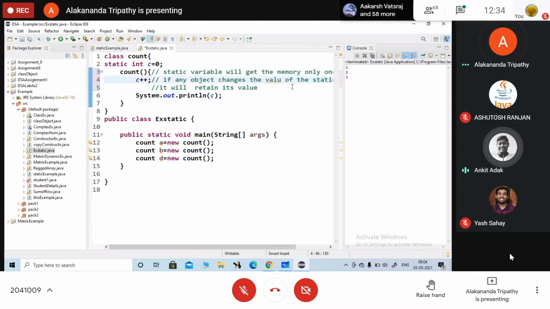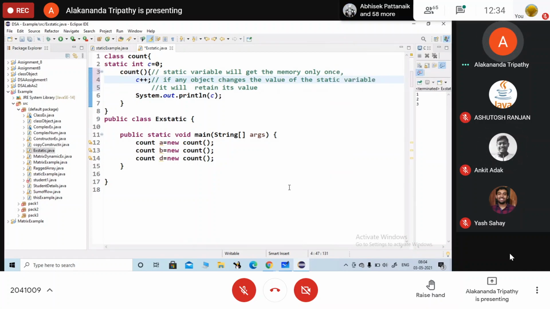हम थोड़ा राइट साइड में जाइए पीछे. हाँ, just a minute. दिखा अभी? Yes, ma'am. Okay, note this point and mark it also important. Static variable will get the memory only once. If any object changes the value of the static variable, it will retain its value.